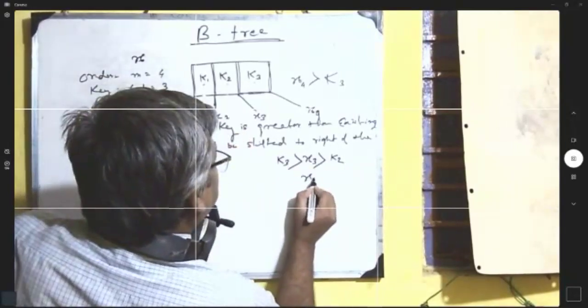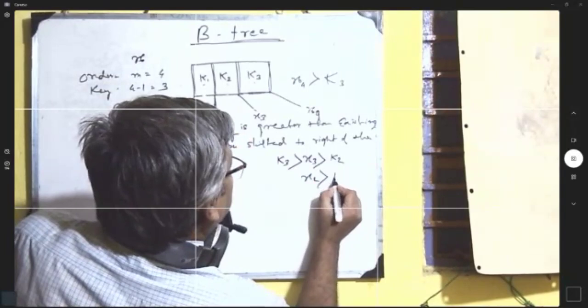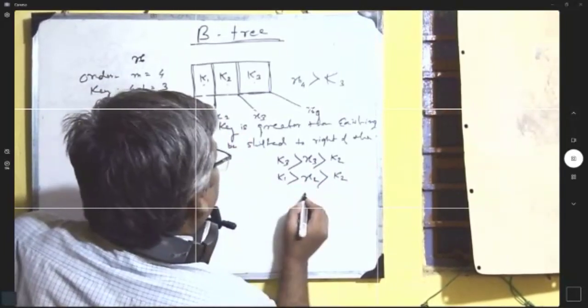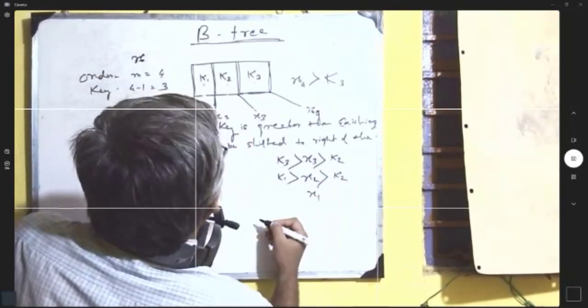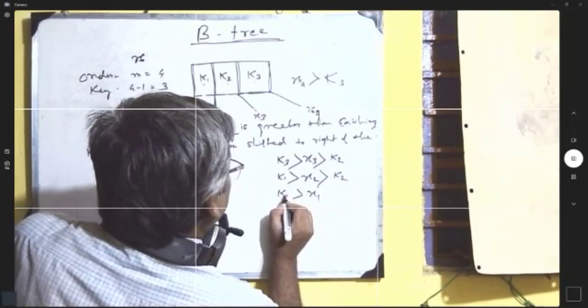The value of X2 is greater than K1 and less than K2... the value of X1 is less than K1.